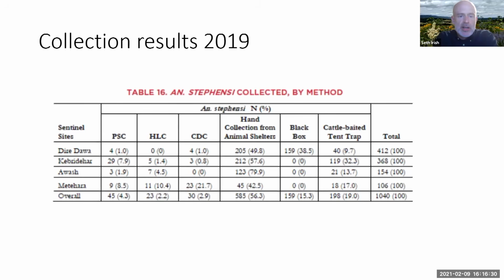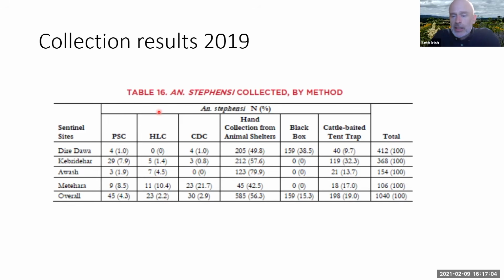And here you can see some of our collection results from 2019 from four different sites. And these are the numbers of Anopheles stephensi that we collected from each site using each method. So quite quickly, you can see that even though we did a number of Pyrethrum spray catches, we only got 4 Anopheles stephensi in Deir Dawa, 29 in Kabir Dahar, 3 in Awash, 9 in Metahara.